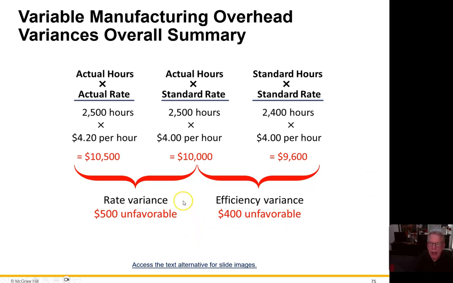So if we multiply that all through, with our actual hours here and our standard rate here, we are $500 unfavorable as far as our variable manufacturing overhead rate variance, and $400 unfavorable for our efficiency variance with variable manufacturing overhead.